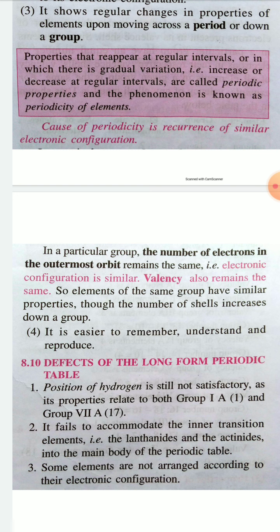In a particular group, the number of electrons in the valence shell or outermost orbit remains the same. That is, electronic configuration is similar in a particular group. Valency also remains the same in a particular group. So elements of the same group have similar properties because they have similar electronic configuration, and chemical properties of elements depend on their electronic configuration.